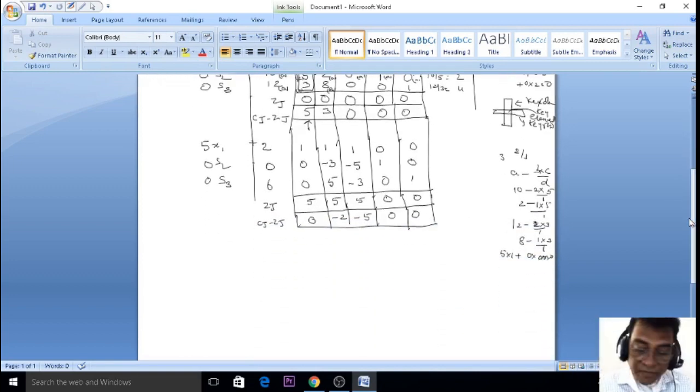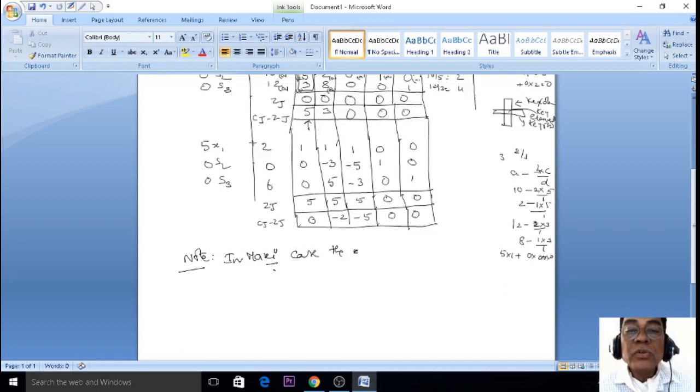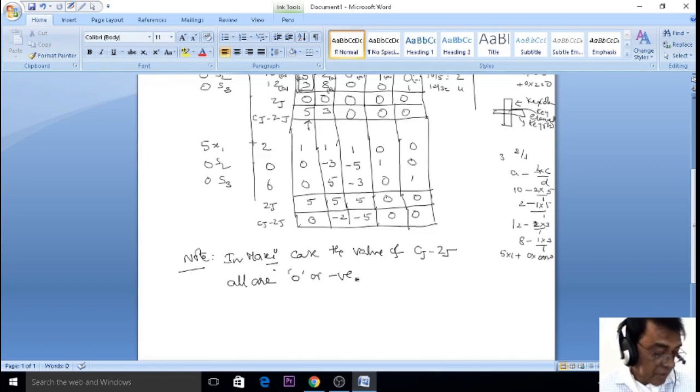So please note down, in the maximization case, the values of Cj minus Zj all are zeros or negatives. So the problem is completed.